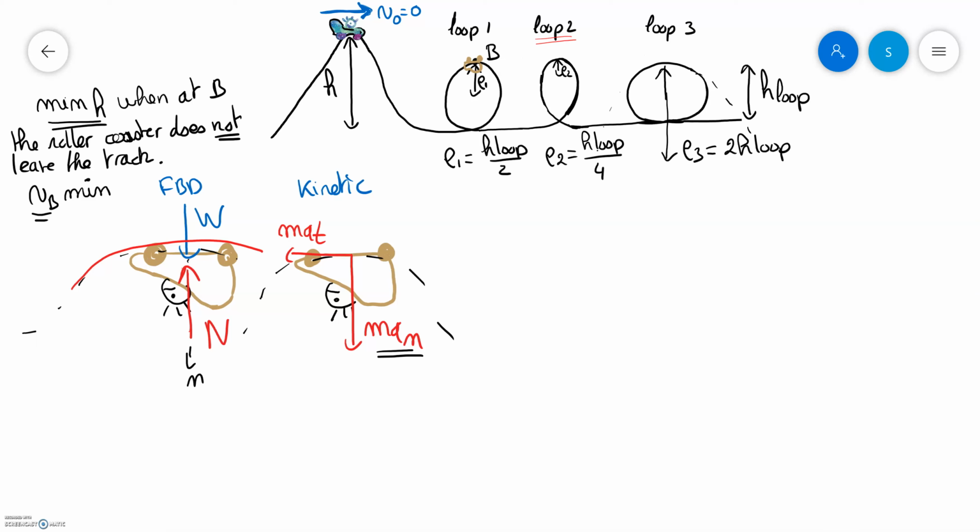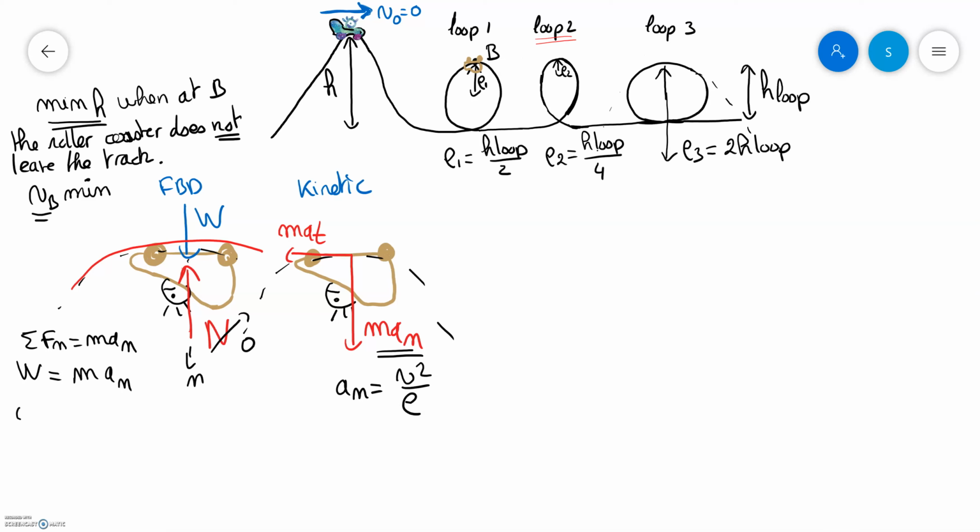So we have the sum of the forces on N equal m a_n. Because we want to solve for the minimum VB, it's when the normal force is 0, when it's about to leave the track. So we have W equal m a_n. What is a_n? The normal acceleration is V squared divided by rho.